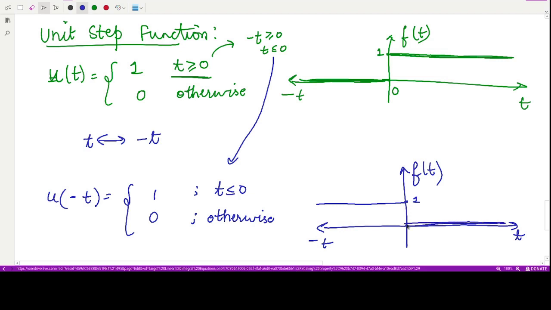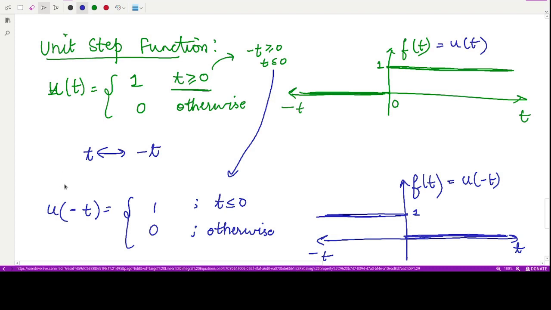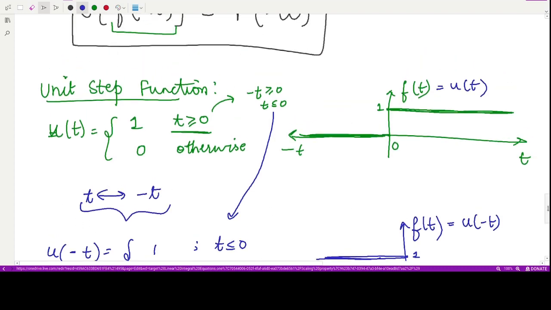When you look at this function, this is u of minus t, and this function is u of t. When you compare these two, you can see that one is the mirror image of the other when you put the mirror in the vertical direction. So whenever you are multiplying by a equal to -1, you are having the reversal property.